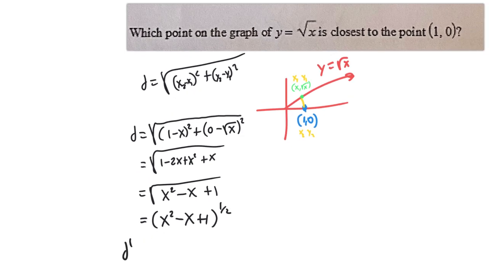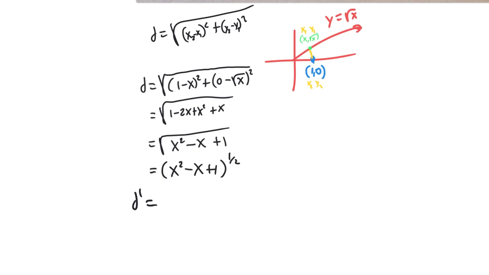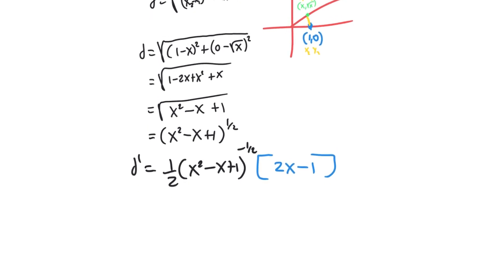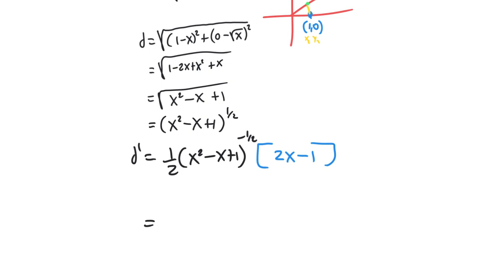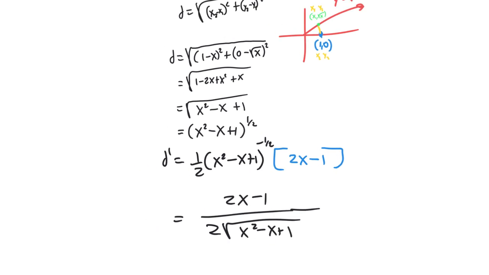Now we're ready to do the derivative, and that would be 1/2 times the same thing. But this would be minus 1/2. Now this is a chain rule scenario, so you now have to multiply it by the derivative of what's inside the parentheses, which is 2x minus 1. Cleaning that up would give us the 2x minus 1 up top, then you'd have 2 times a radical down below, x squared minus x plus 1 in there.